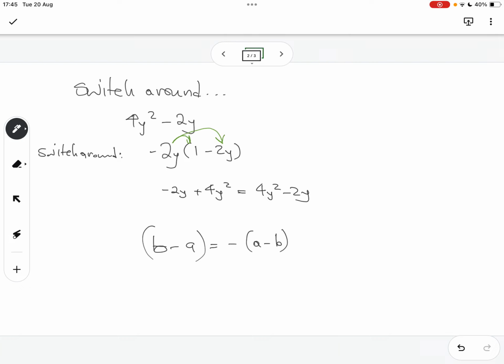Watch out for switch arounds when looking for common factors. Yeah. So what they're saying is sometimes an expression or a number of expressions in an algebraic problem would have switch arounds. You see why I say attention to detail?